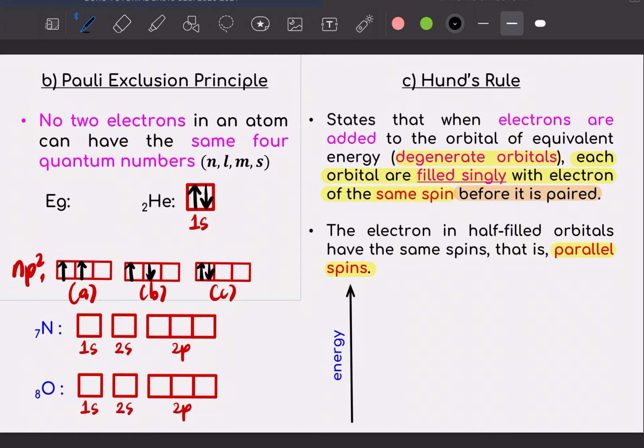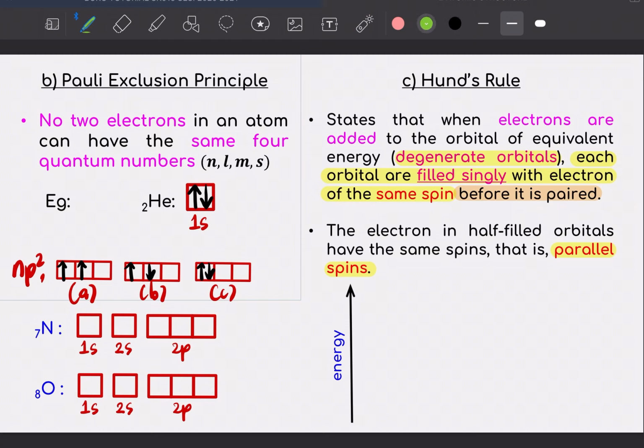Okay, why do I do that? Because my set of quantum numbers for this electron and this electron must be different. They must have a unique n, l, m, s set of quantum numbers.